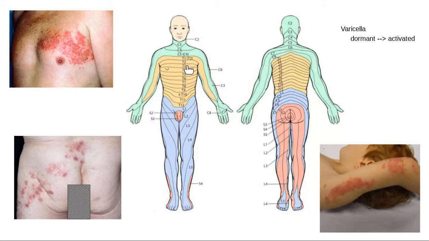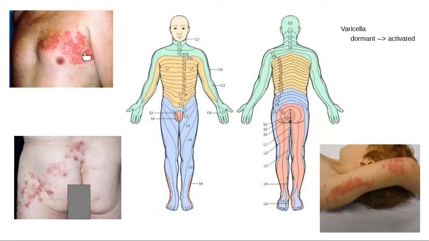Say it was chilling out inside the dorsal root ganglion of the 3rd thoracic nerve. It gets reactivated and goes out to the end of that nerve and causes a rash just in that dermatome. That's what we see right here. All the skin that sends sensory information back through that nerve suddenly has this blistering rash, shingles, in that area.